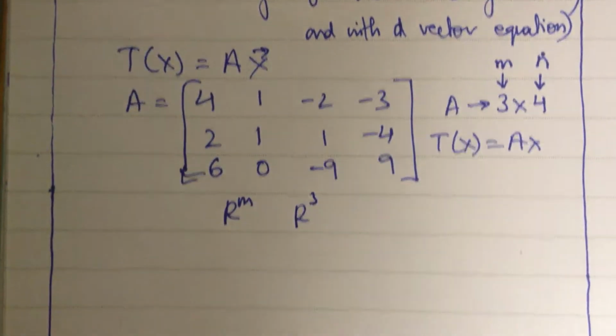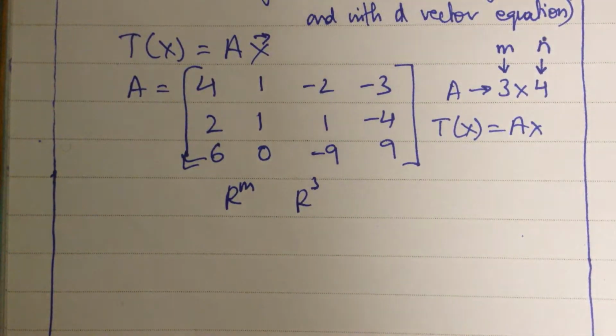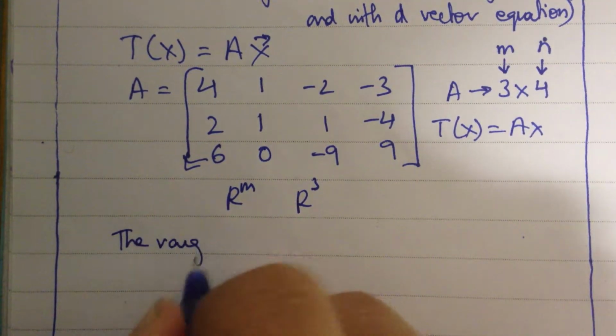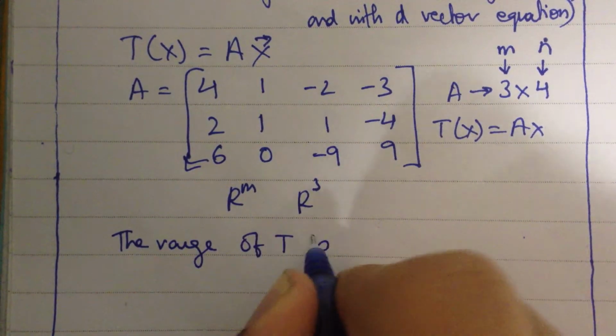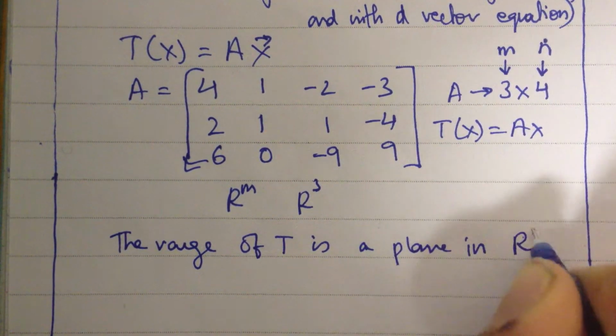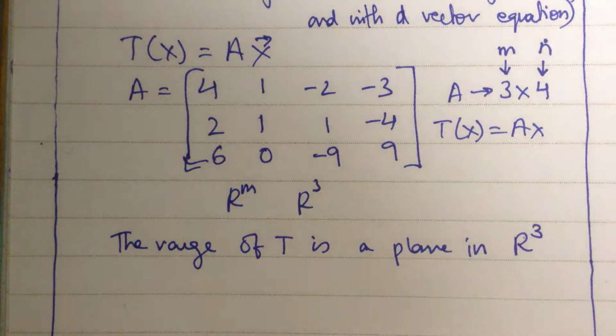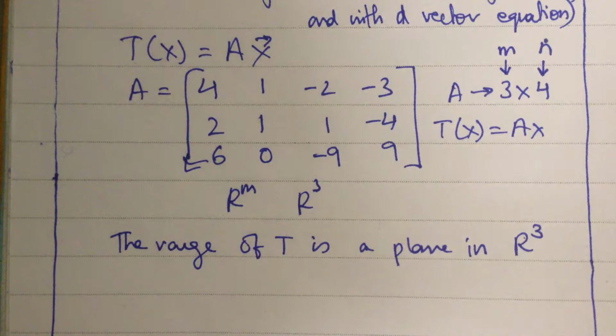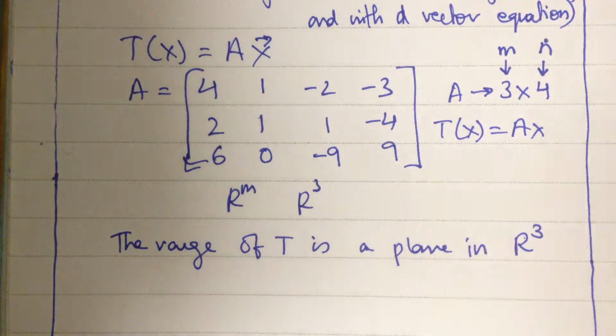Hence, to describe the range of this transformation geometrically, the range of T is a plane in R3. So that is the geometrical description of the range of this linear transformation.